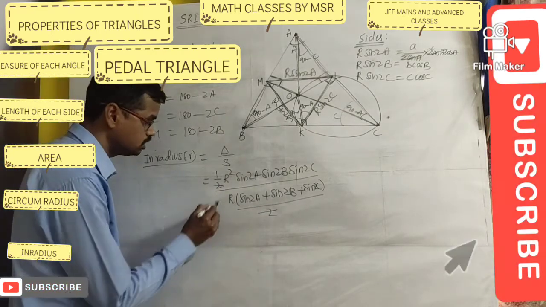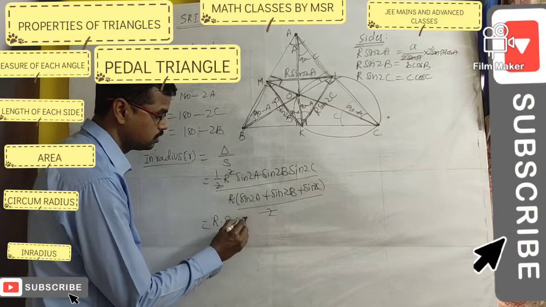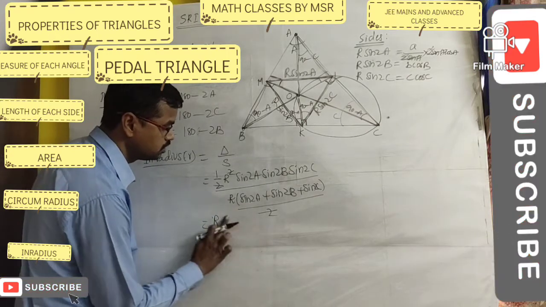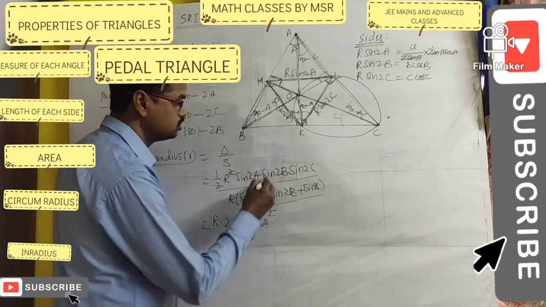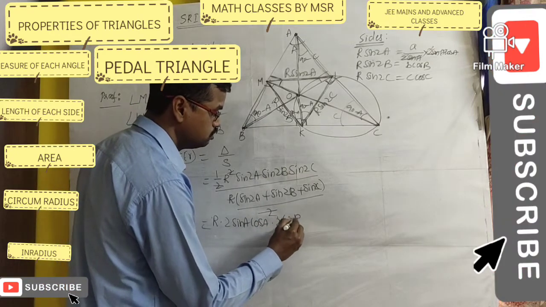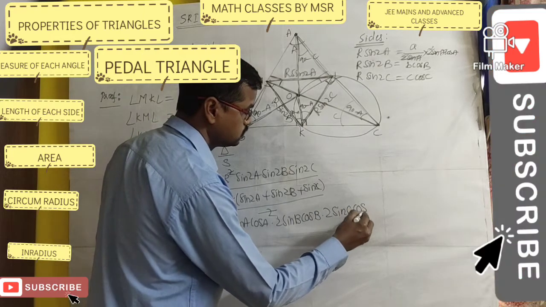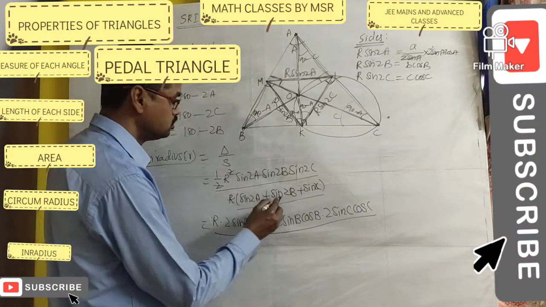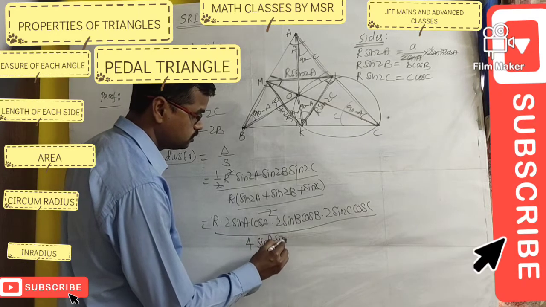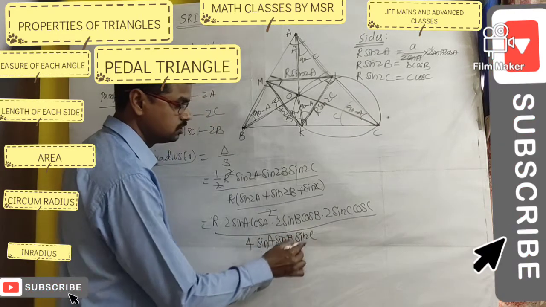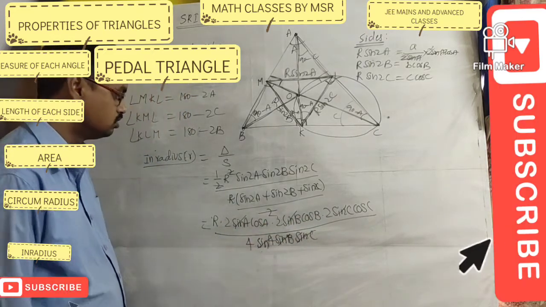Okay, so R square, here R cancels, R into sin 2A, which I write as 2 sin A cos A, into sin 2B as 2 sin B cos B, sin 2C as 2 sin C cos C, by sin 2A plus sin 2B plus sin 2C, which is 4 sin A sin B sin C. So sin C cancels, sin B cancels, sin A cancels.